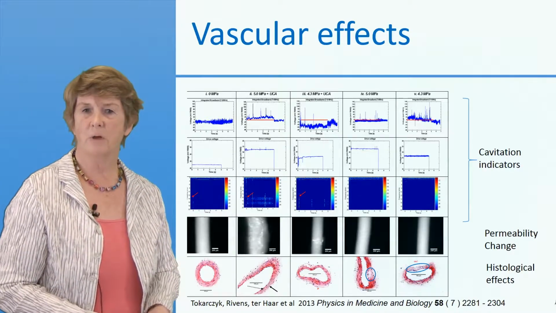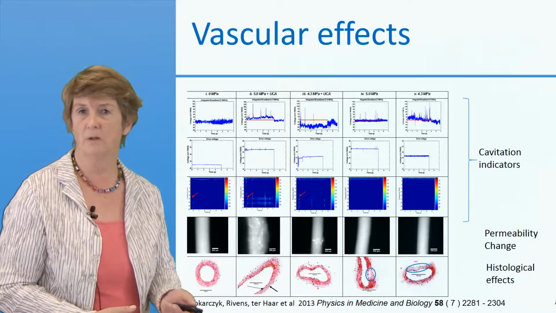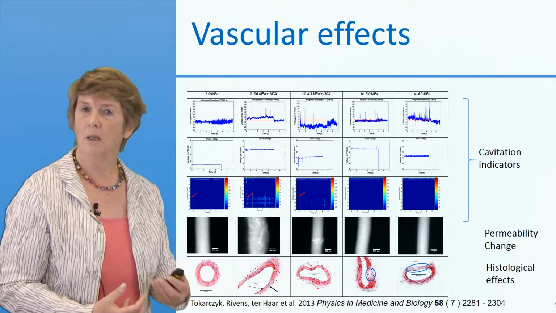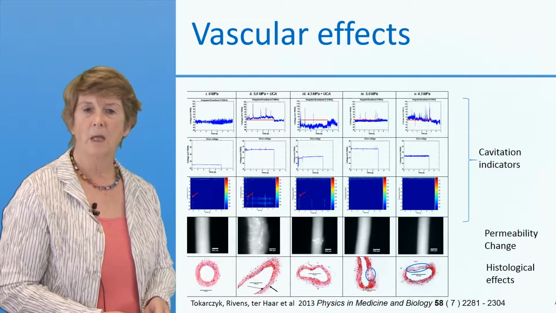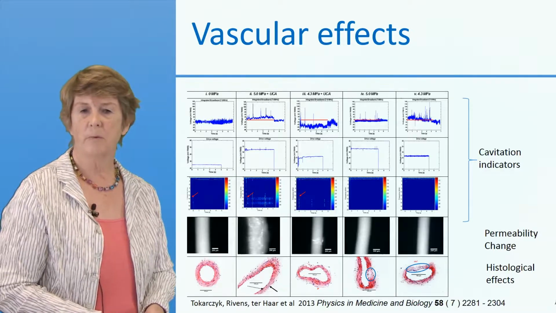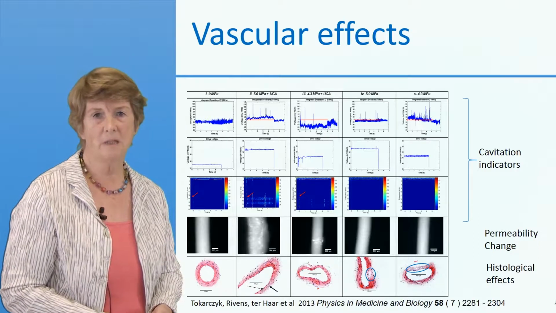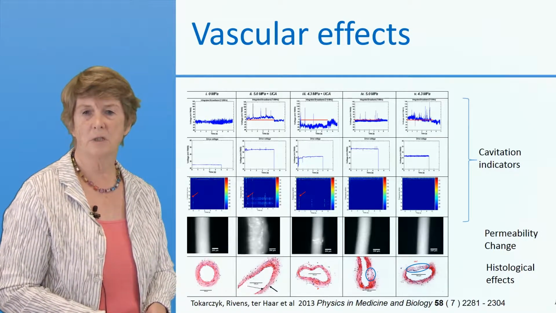We know that ultrasound exposure of blood vessels in the presence of bubbles, whether these are acoustic cavitation bubbles or introduced contrast agent bubbles, can have effects on blood vessels. You can see here the results from an experiment in which we exposed isolated rat mesenteric vessels to ultrasound with and without contrast agents.